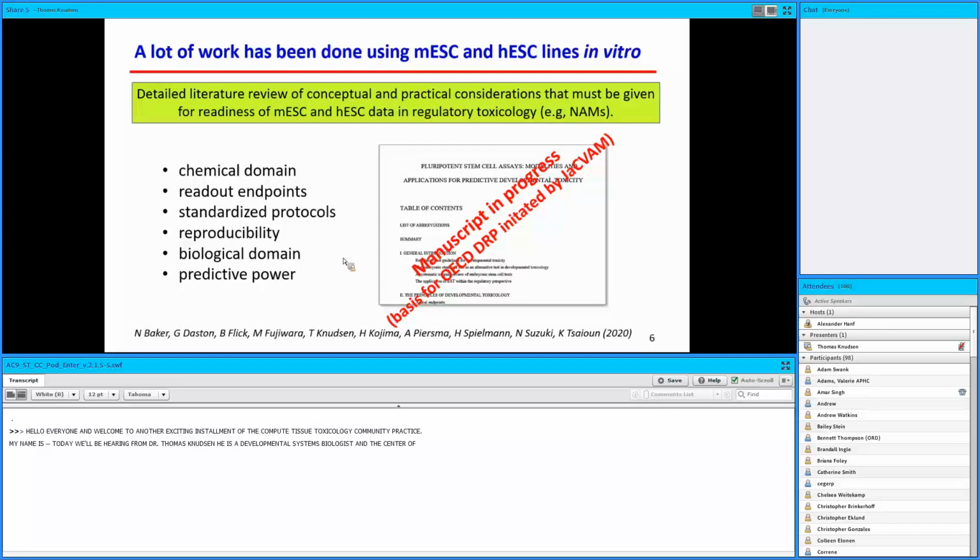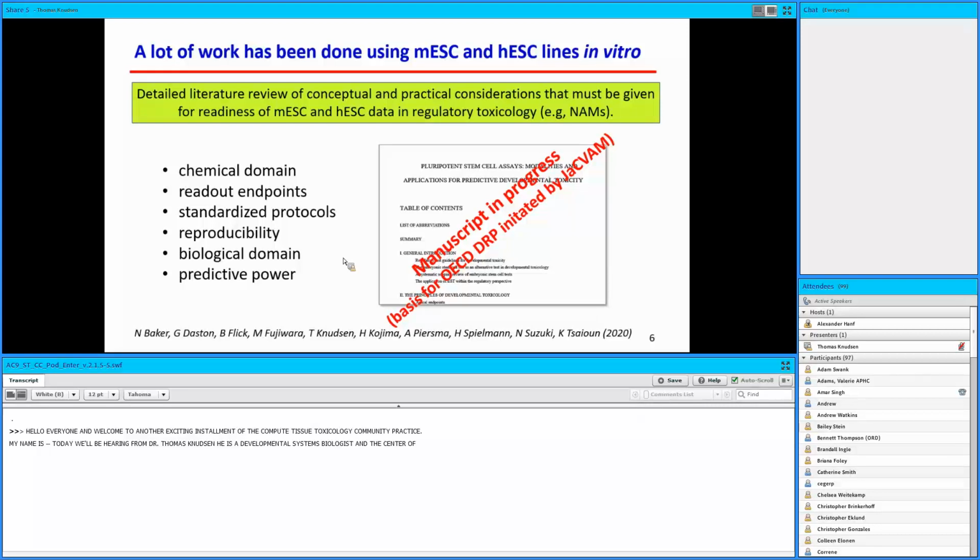There's a manuscript that's almost ready to undergo technical clearance. The project was initiated by the Japanese Center for Validation of Alternative Methods. A number of the folks involved are listed below from across the globe.